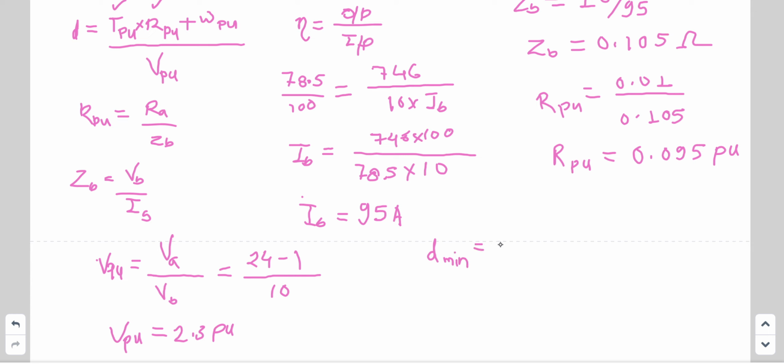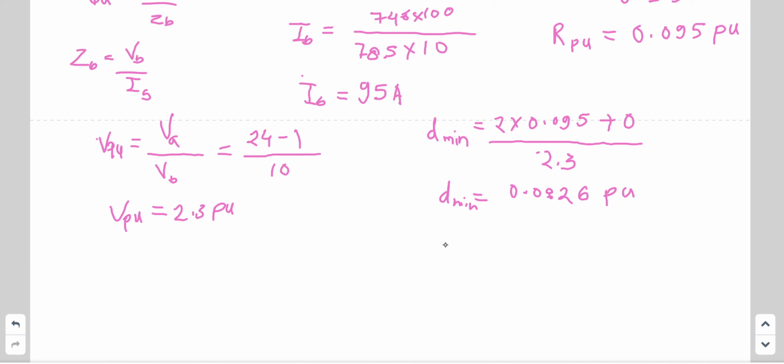D minimum will be T per unit, which is 2, into R per unit, 0.095, plus omega per unit, which is 0, divided by V per unit, 2.3 per unit. So D minimum will be 0.0826 per unit.